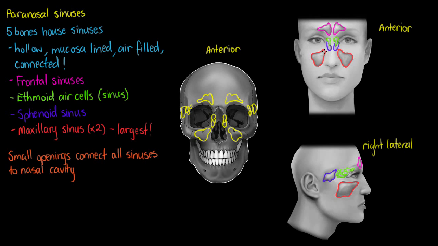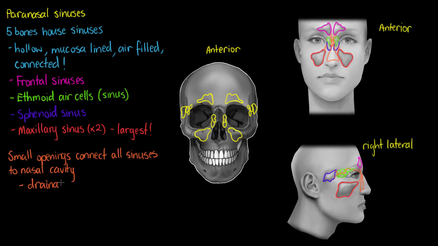And that's why most people immediately think of the nose when they are told about the sinuses. So they all connect. I'm just drawing lines now between all of these sinuses to show that they're connecting to our nasal cavity. And I'll do the same thing down here on the right lateral. So we can see that all of these sinuses here are connected by these small holes and small openings.